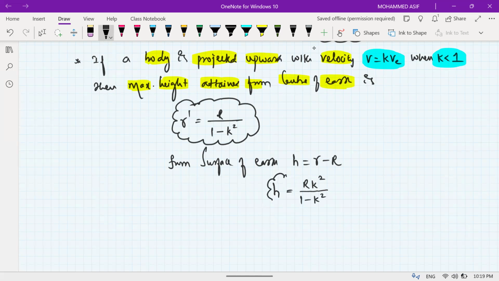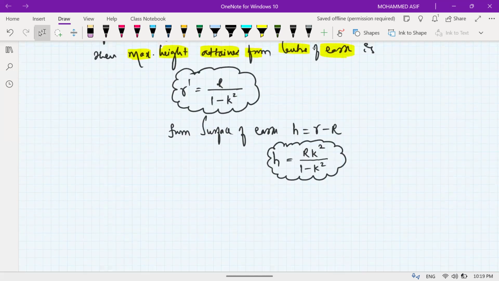This will give me the answer directly. Practice a bit and remember this formula. It will always be helpful for me, isn't it? And if I write it in terms of escape velocity, this can also be written as h is equal to v square into R divided by escape velocity square minus v square. This will be the height.